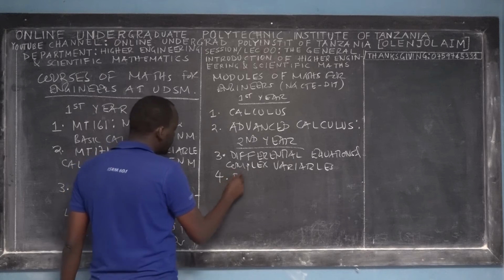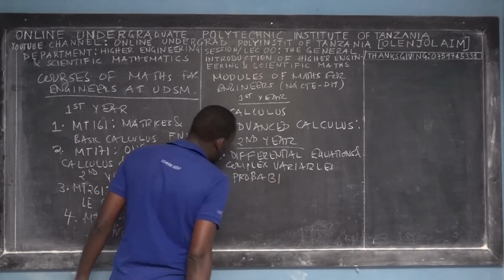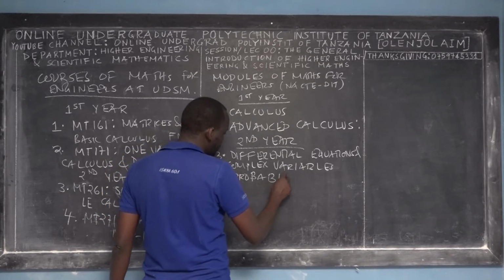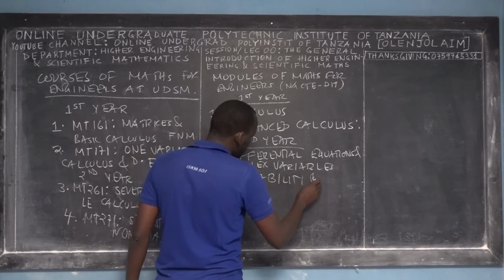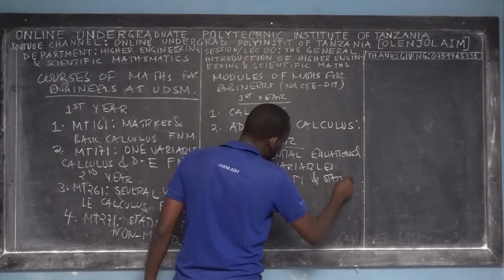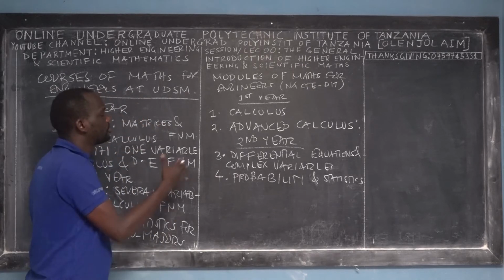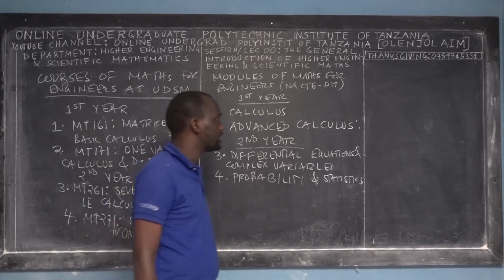Then we'll finish by learning probability and statistics. So those are the 4 modules that I'm going to teach you.